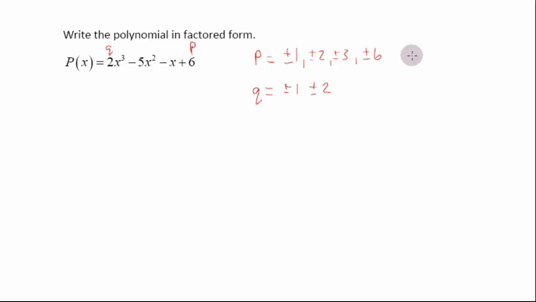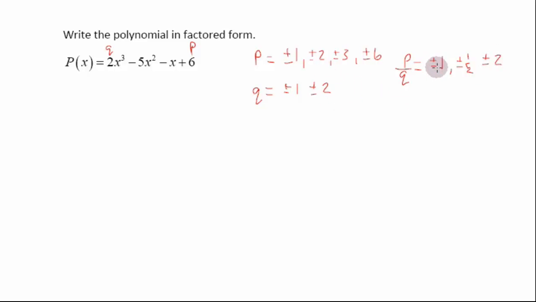Now what you need to do is create all of the ratios of them, p over q. So 1 over 1, 1. 1 over 2, 1/2. 2 over 1, 2. 2 over 2, that's 1.